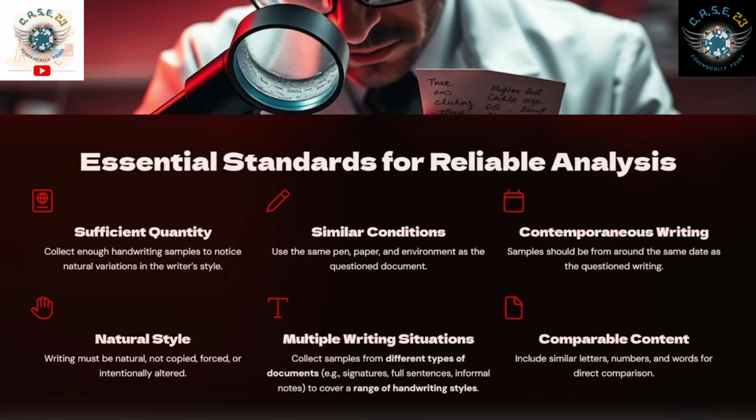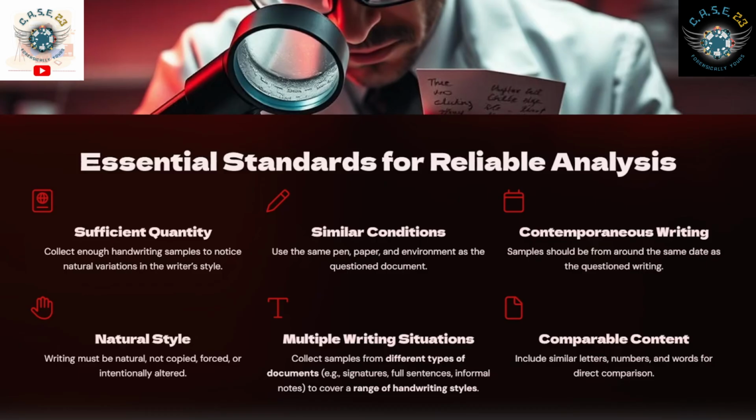Also, handwriting can change slightly depending on mood, speed, or even the pen we are using, and that may lead to different factors. So that's why forensic experts follow certain standards to make sure the comparison is fair, accurate, and trustworthy.